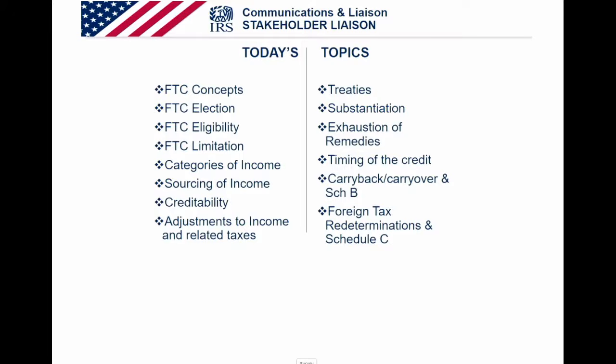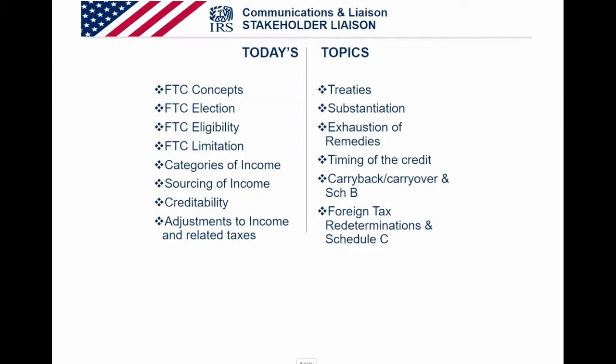So now let's take a look at the topics that we will cover today. We're going to talk about some basic concepts, the election of the foreign tax credit, and eligibility, who is eligible to claim the foreign tax credit. We're going to talk about the foreign tax credit limitations, categories of income.